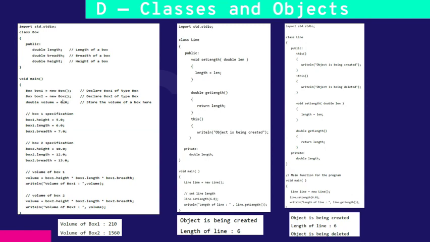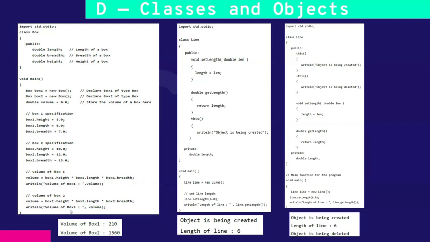If we want to access each of the variables of the object, we have to access them in this way: box1.height, box1.length, box2.length. That means it will create two replicas of boxes, box1 and box2. For box1, these are the height, length, and breadth. And for box2, these are the height, length, and breadth.